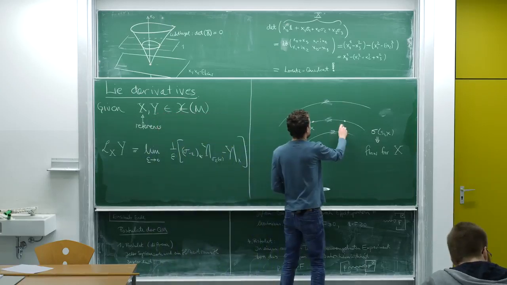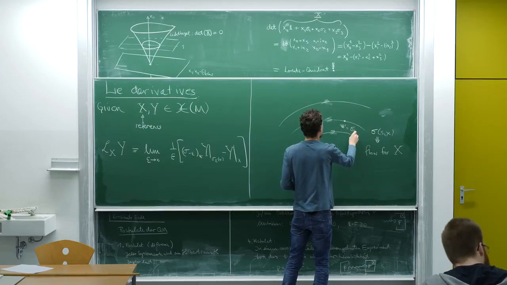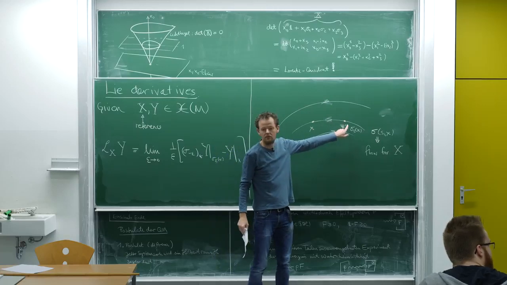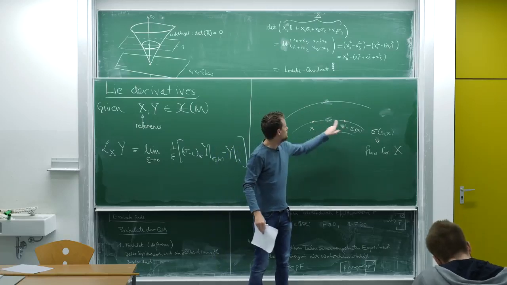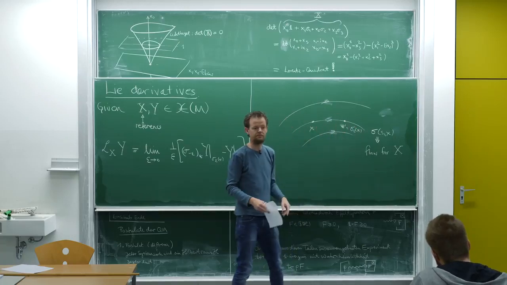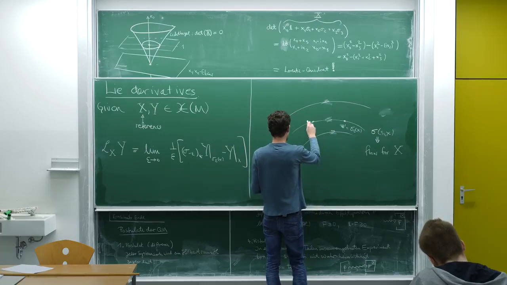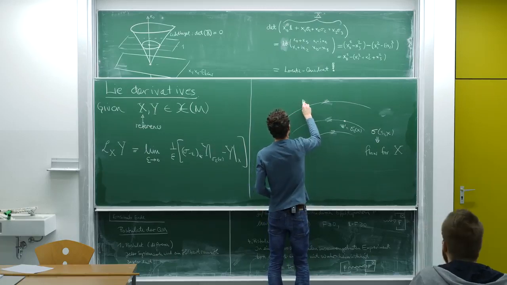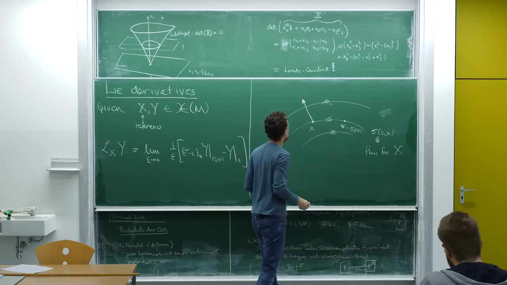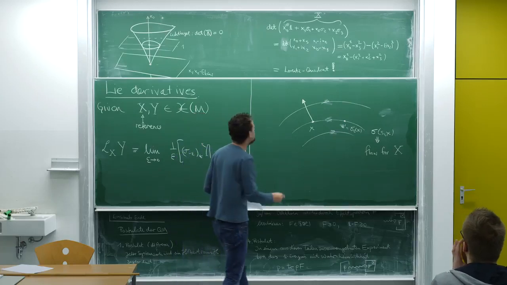And then we have another point over here, x prime, which is equal to the flow of that point for a little bit along the vector field big X. There's two nearby points and they're on an integral curve like this. And then we have a vector at this point here. That's the vector Y at x.